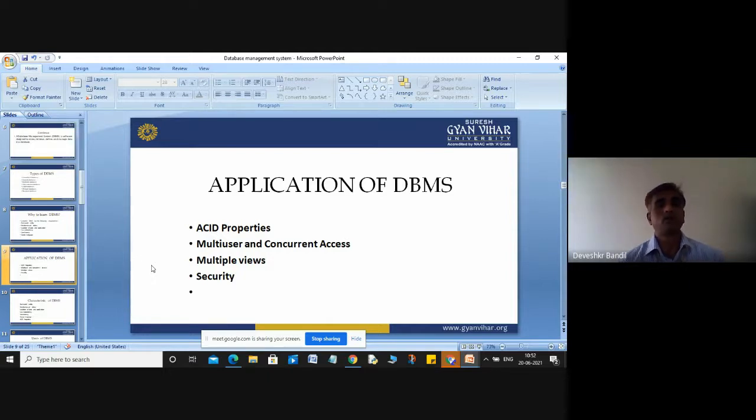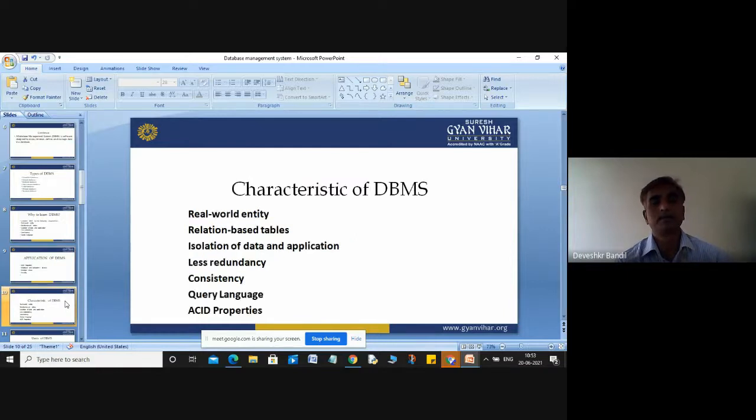Multi-user and concurrent access: DBMS supports a multi-user environment that allows users to access and manipulate data in parallel. And multiple views: DBMS offers multiple views for different users, and security features like multiple views offer security to some extent, whereas users are unable to access the data of other users. So there are many applications of your DBMS.